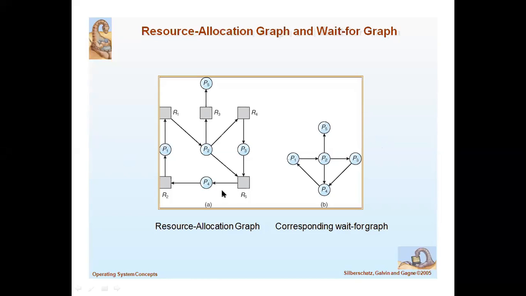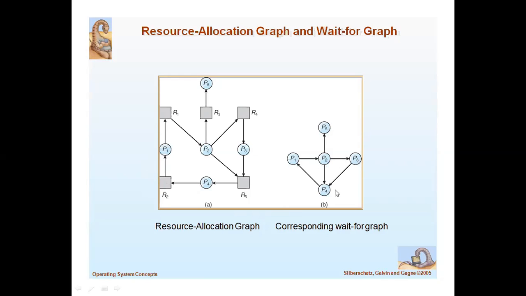And the next one, P4 is waiting for a resource R2, but R2 is held by the P1 process. So simply remove this resource and give the direct connection from P4 to P1. In this way, we have to construct the wait for graph.